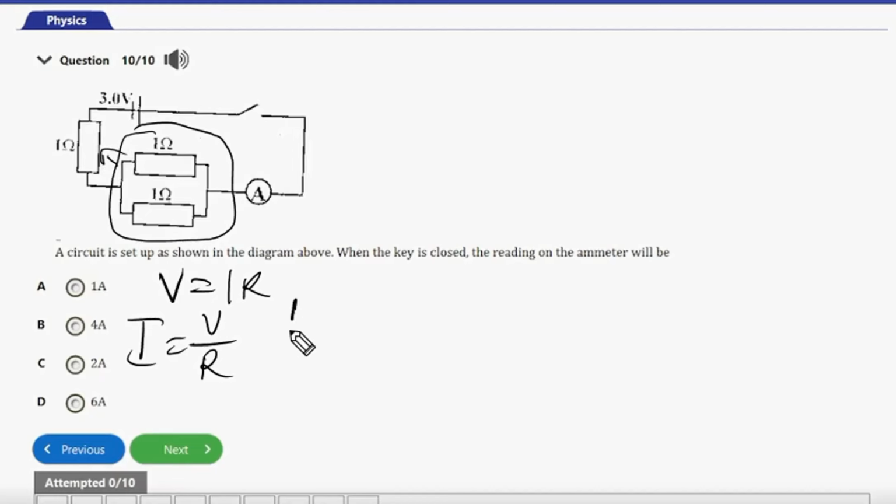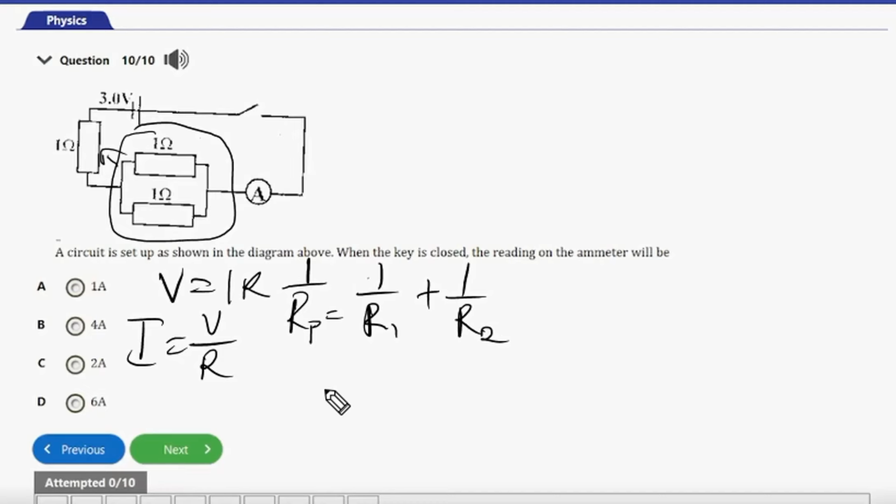So R for the parallel connection is going to be 1 over R is equal to 1 over R1 plus 1 over R2.